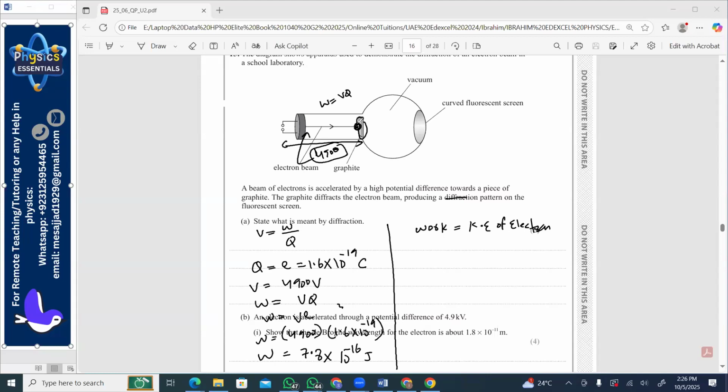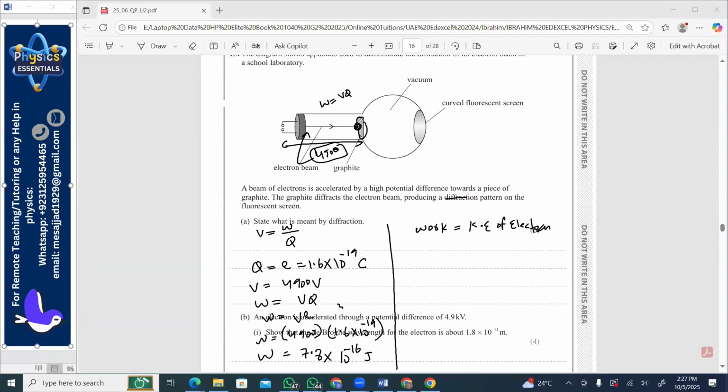And as soon as it gains that much speed because of the very high voltage, 4900, it will act like a wave, sorry, not a particle. So when that wave hits the graphite plate, it will diffract just like a wave.